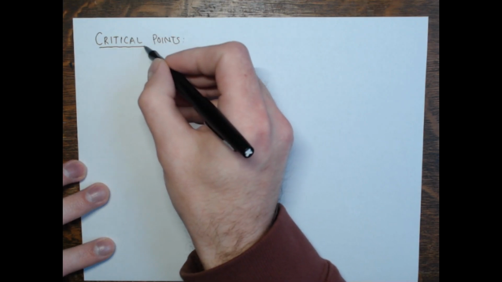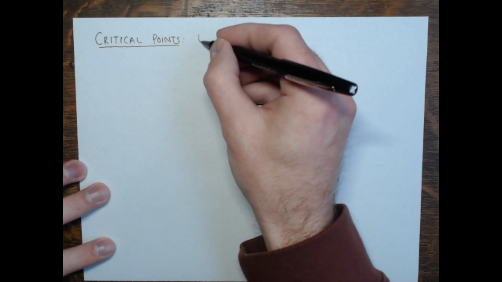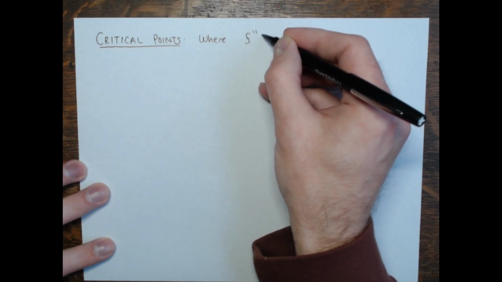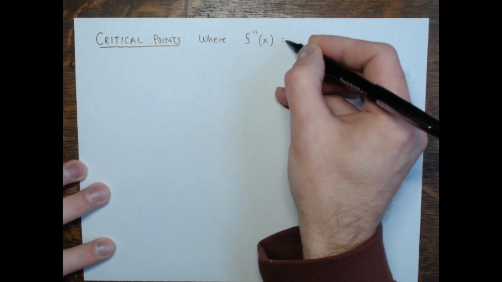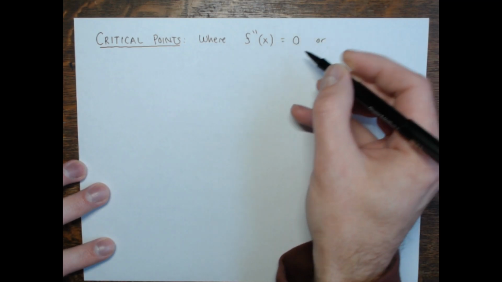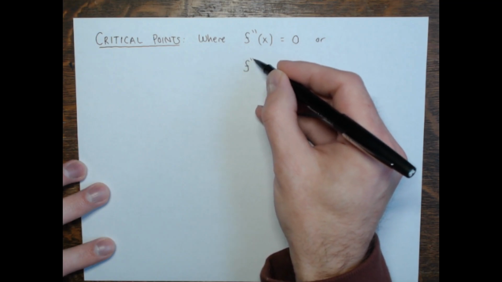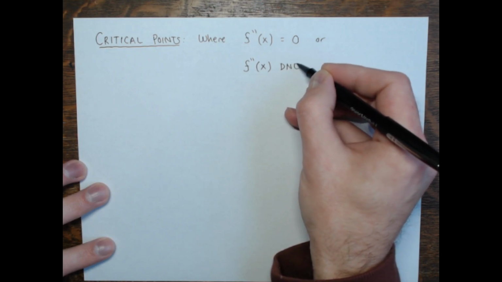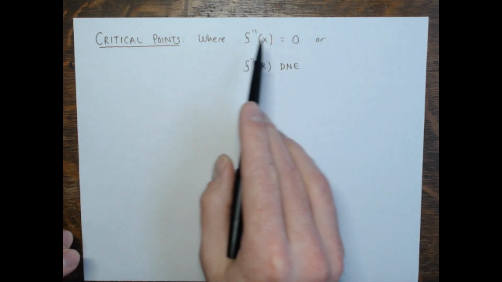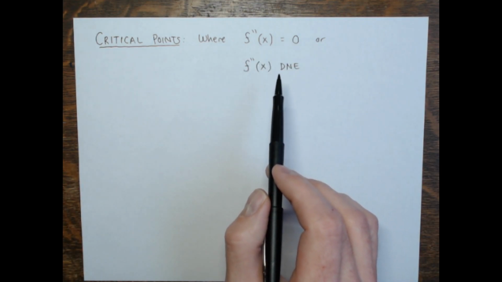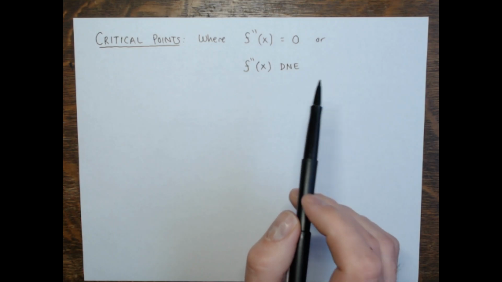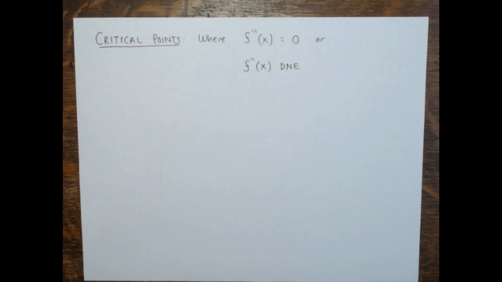So critical points or critical values, this is where the second derivative, f double prime, equals 0, or where the second derivative does not exist, DNE, or is undefined. So points where this happens, that are still in the domain of the original function, are called critical points.